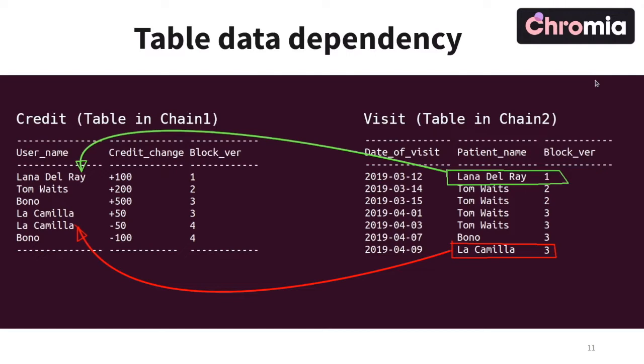But if we do the same thing for Camilla at height 3, will she be credit worthy? I've already done the arrow for you here. Block 3 will refer to block 4 in the other chain in this dependency.